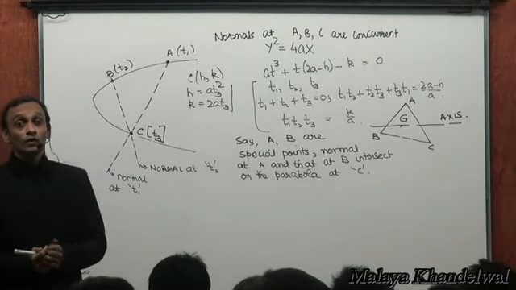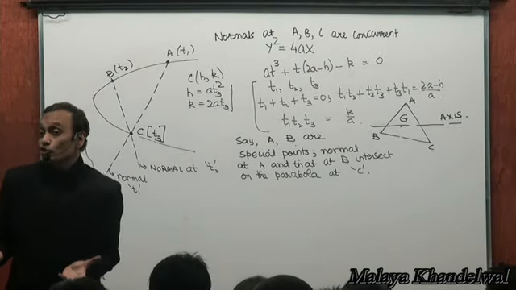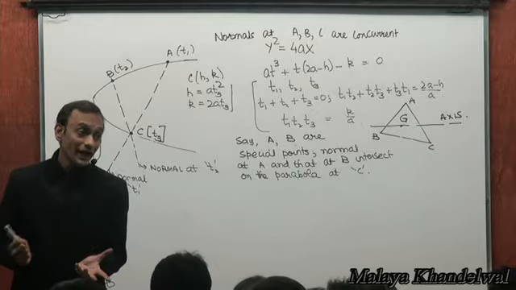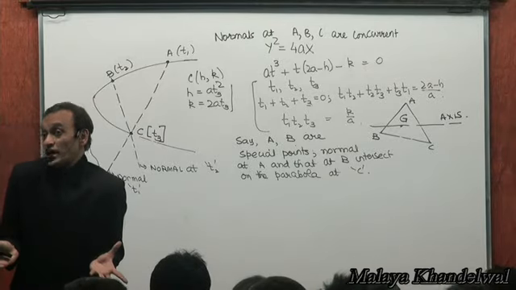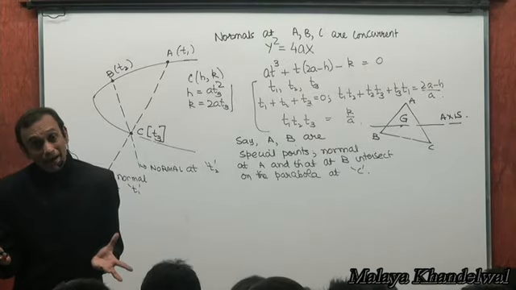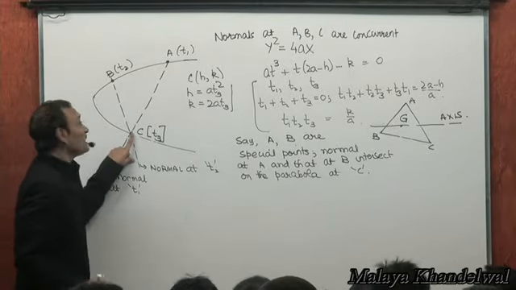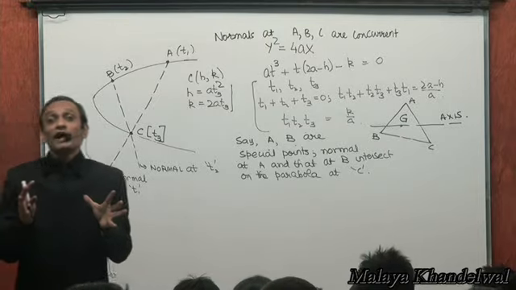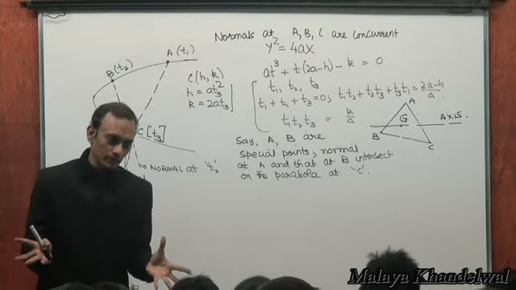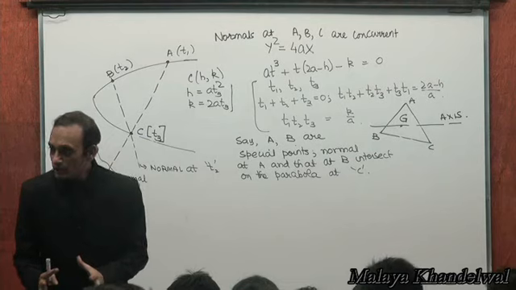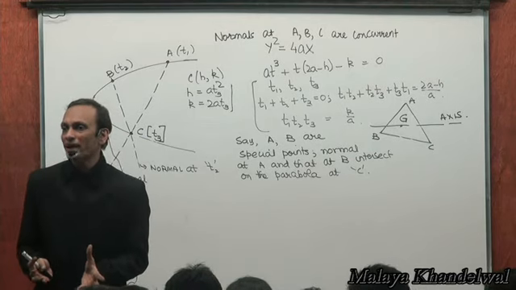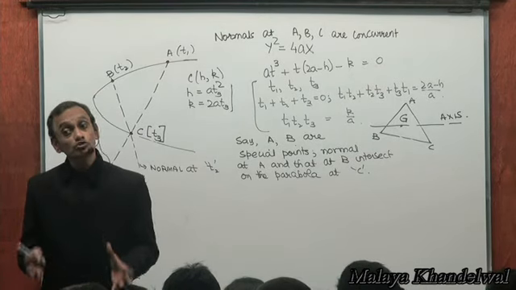Now, from any point in general, 3 normals could be drawn to the parabola. Right? From any point H, K in general, 3 normals could be drawn to the parabola. You know what I'm saying? So, look upon C as a point H, K, and I want to draw 3 normals to the parabola. From the point C, which happens to be a special point on the parabola, I want to draw 3 normals to the parabola.